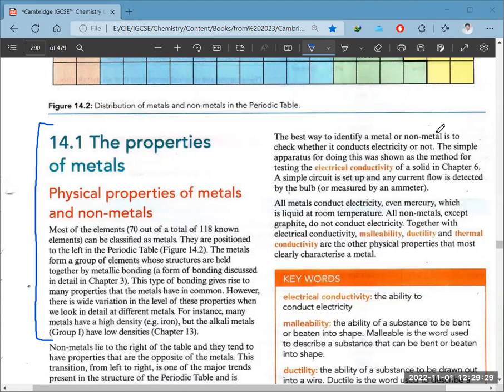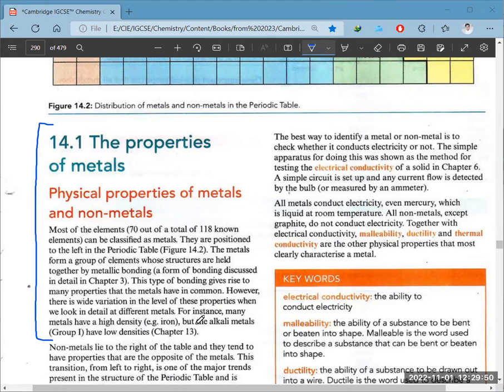They are positioned to the left in the periodic table. The metals form a group of elements whose structures are held together by metallic bonding, a form of bonding discussed in detail in chapter 3.